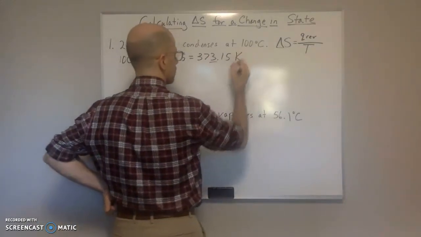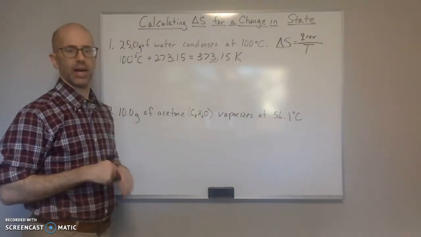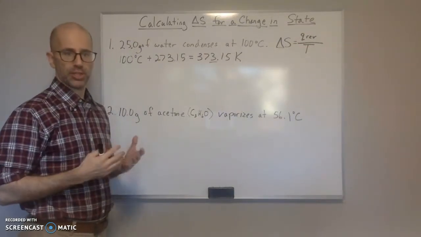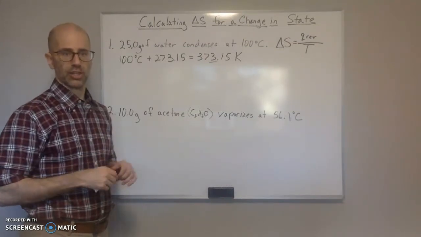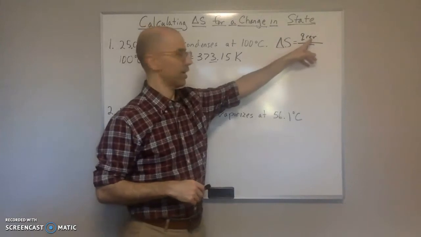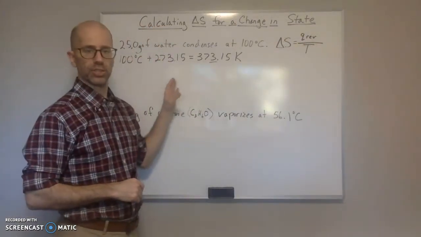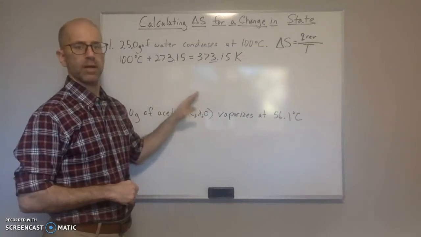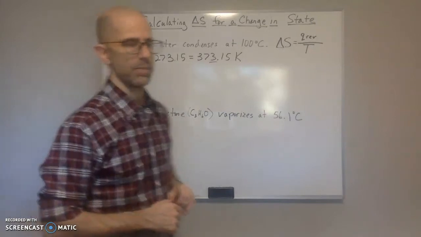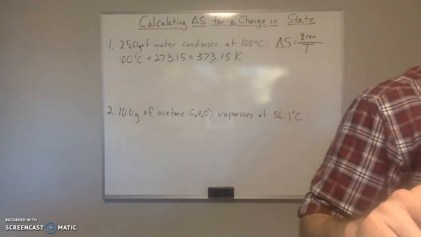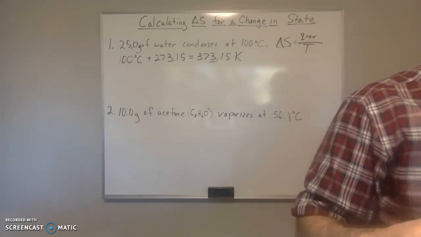Kelvin. And the next thing we need to do is look up the vaporization of water, because we're going to need it to get our Q reversible. That's where the Q is. Since we're condensing water, it's going to be the opposite of vaporizing water. If we look up the vaporization, the heat of vaporization is 40.7 kilojoules per mole.